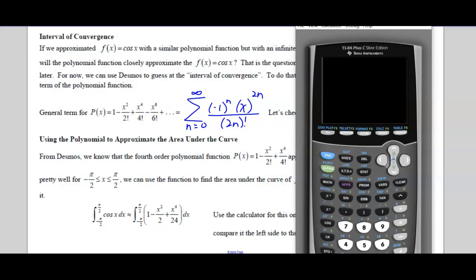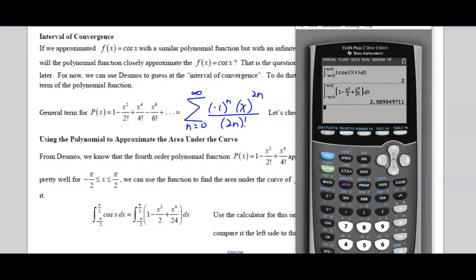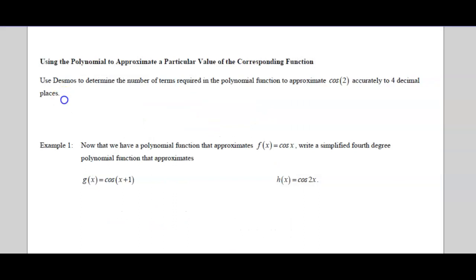I have it already entered: the cos function integrated from negative pi over 2 to positive pi over 2. I get exactly 2. For the polynomial approximation, degree 4, I get 2.00904971. That rounds to 2.0 at 1 decimal place. Very, very close.